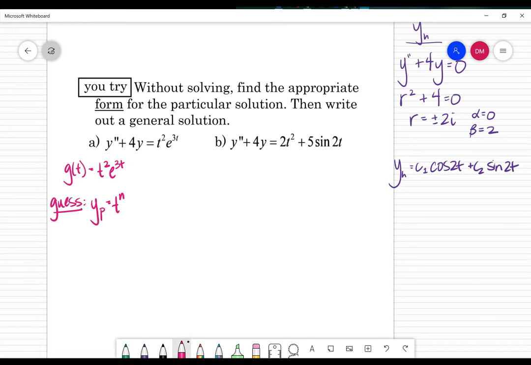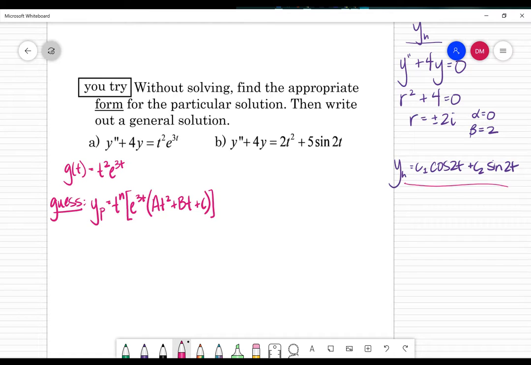We can say t to the nth power, and then we include our e to the 3t, because that e to the 3t didn't match with anything in our y sub h, so we're good with that. And then I'm going to go ahead and include that e to the 3t times a t squared plus b times t plus c. So that part in parentheses there should look familiar.